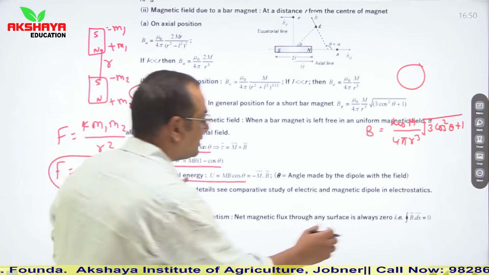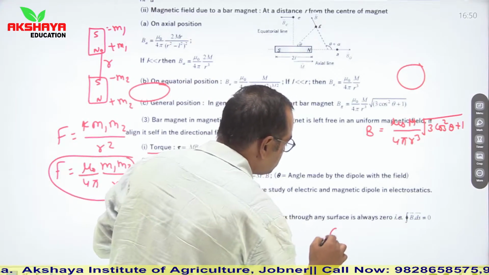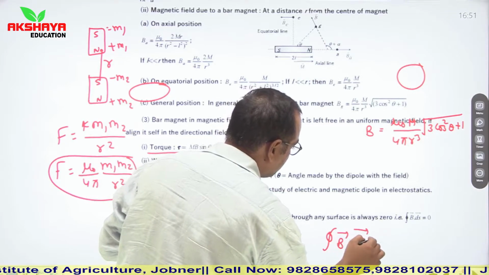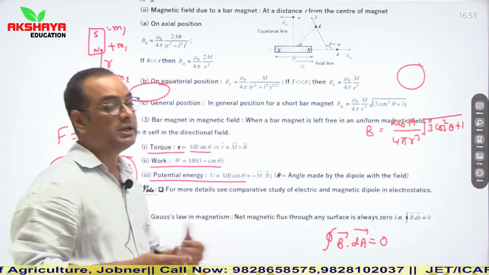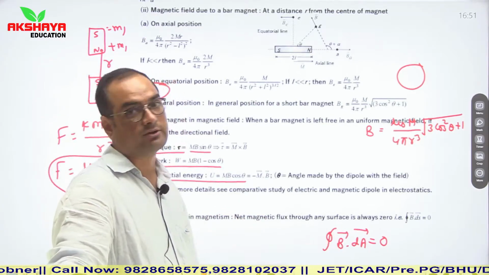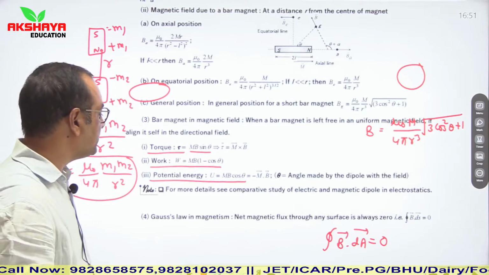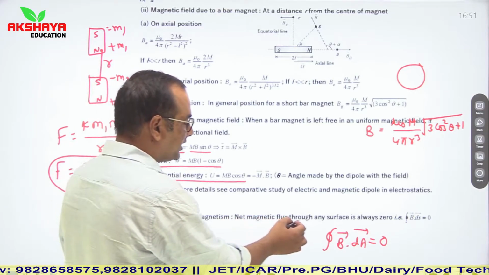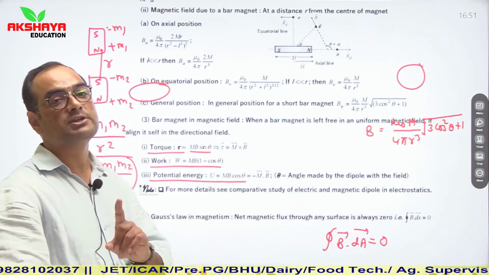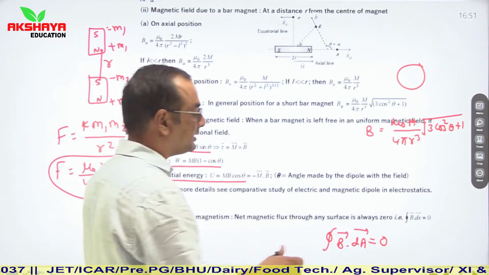So we can say that the closed integral of B dot dA is equal to 0. It means the net closed areal integral of magnetic field is always 0. So net magnetic flux through any closed surface is always 0, because there is no existence of monopoles in magnetism.